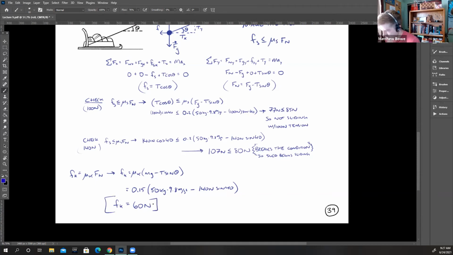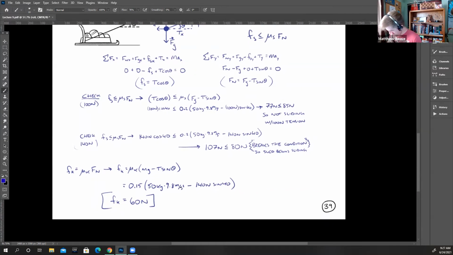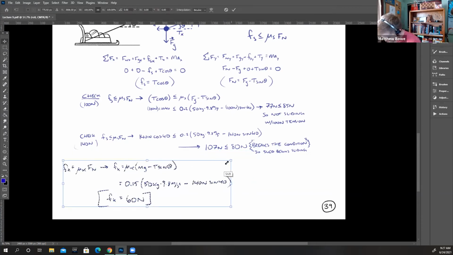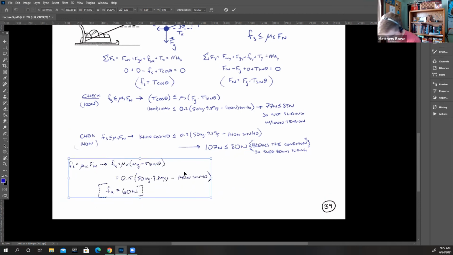Okay, and we still have to find, real quick, the acceleration. Now that we know the force, we need to find the acceleration.